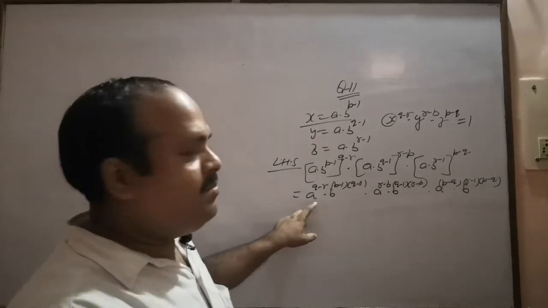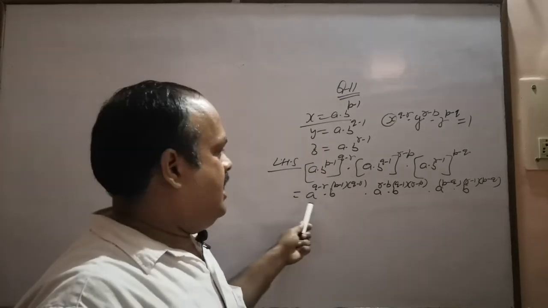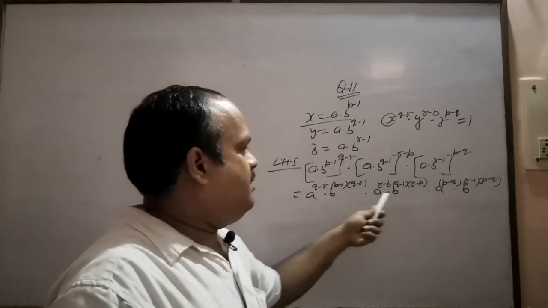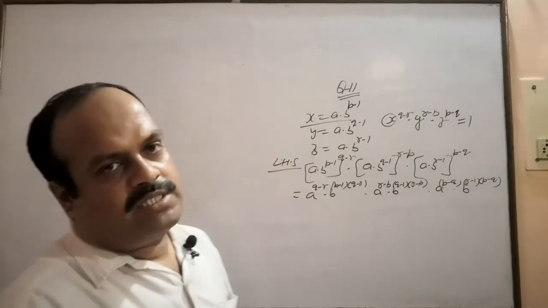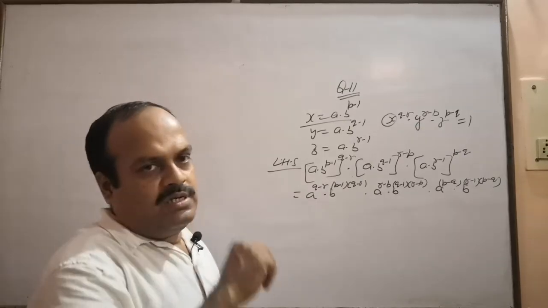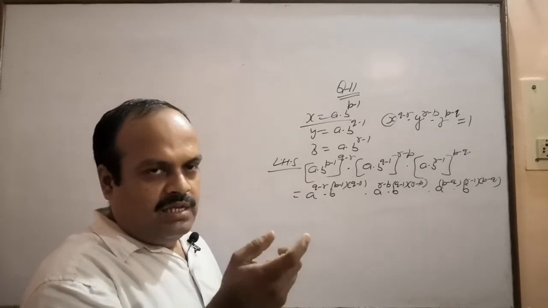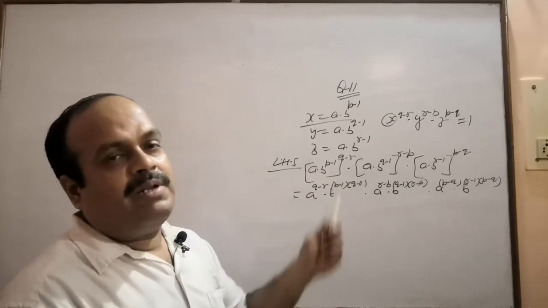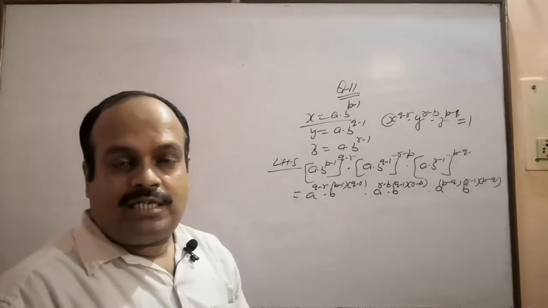We have three numbers with the same base a. Another one b, another three numbers with the same base. So we have two numbers a and b with the same base. So what shall we do? We will add the powers, because we see that there is a product.